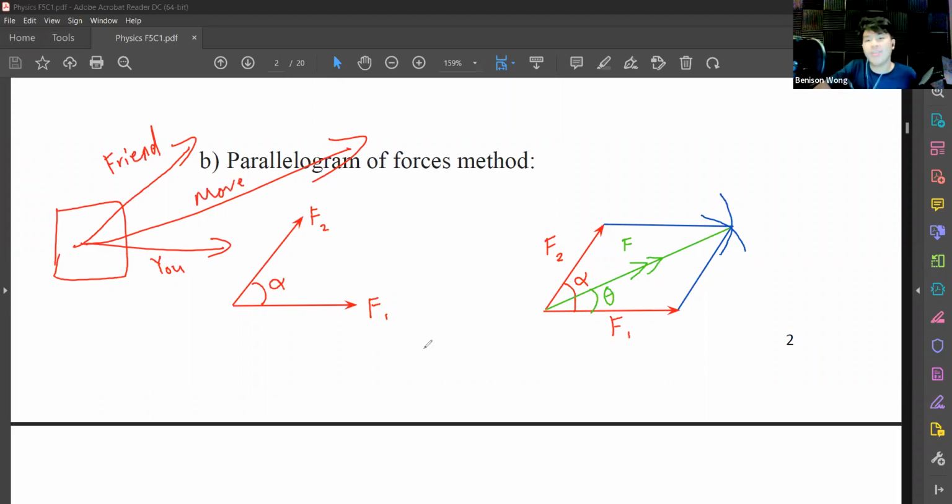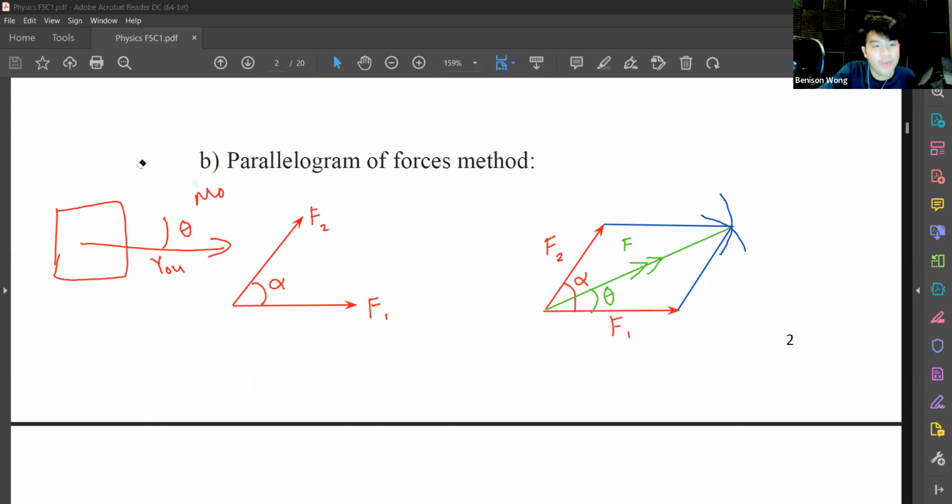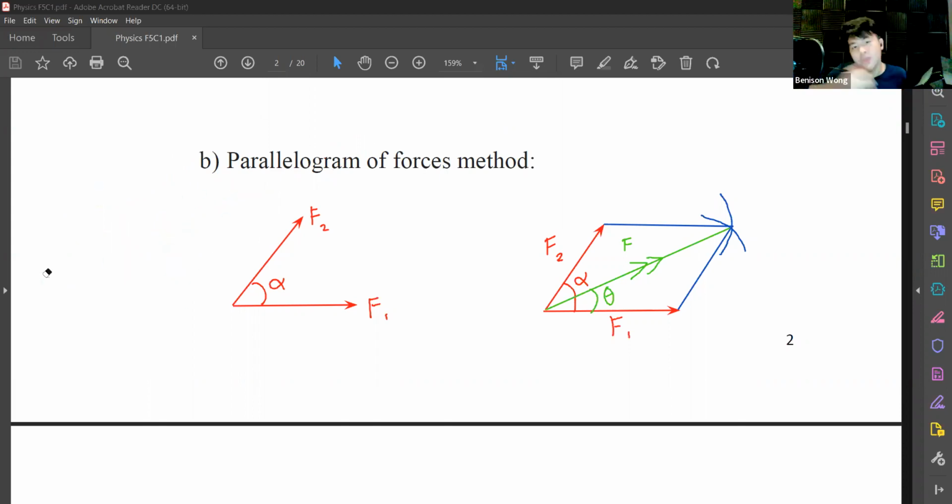And in what direction will the car move? We find the angle here, so we know the direction that the car is moving from your direction. Are you clear? This is very important if you want to be an engineer.